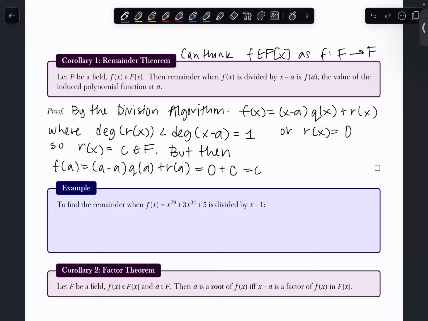Since r of x is 0, should it be the degree? It depends on the convention, on whether the degree of the 0 polynomial exists or whether you think of it as negative infinity. If you think of it as negative infinity, you can just leave it like this. If you think the degree doesn't exist for the 0 polynomial, I have to break it up into these two cases.